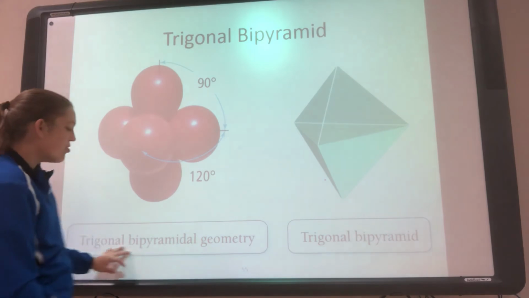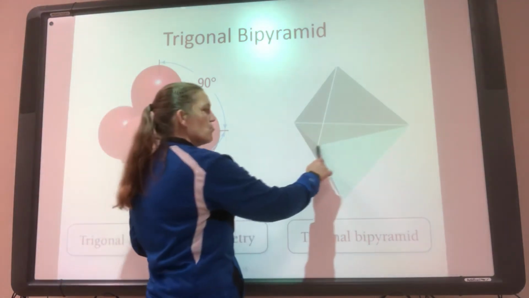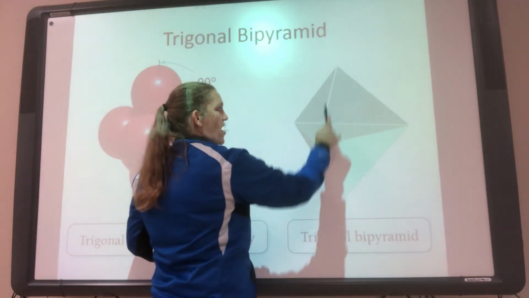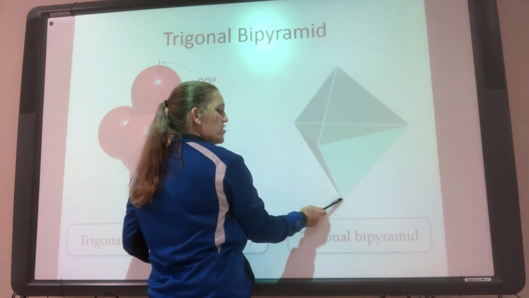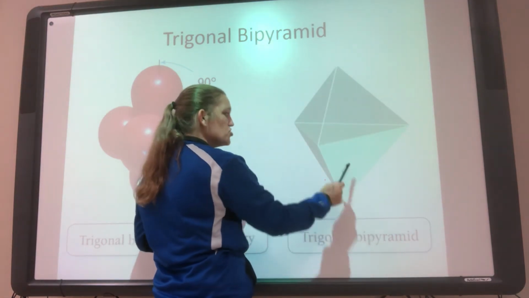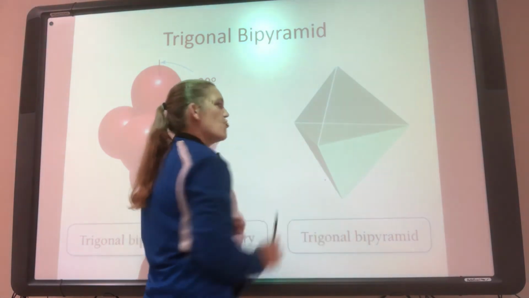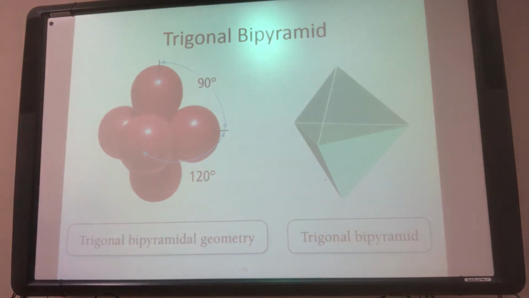So the trigonal bipyramidal, you have a triangle, you have a pyramid on top and a pyramid on bottom. Bi means 2, so 2 pyramids with a triangle base. So my center is right here in the middle of the triangle. You've got the 3, one above, one below. That's how you get your 5 for this shape.